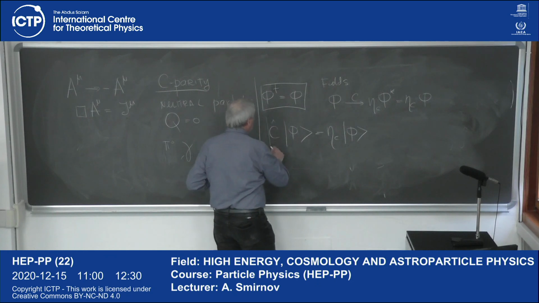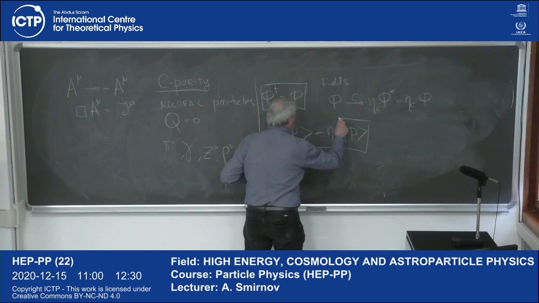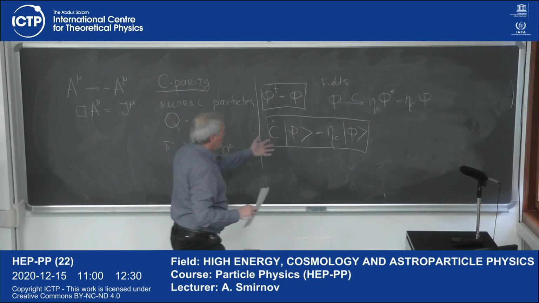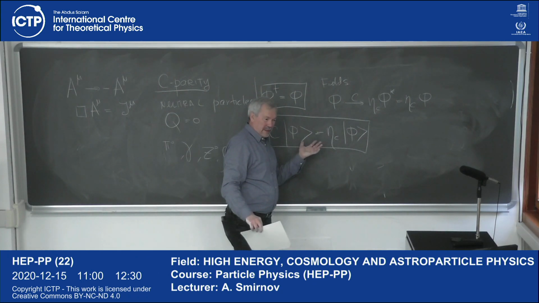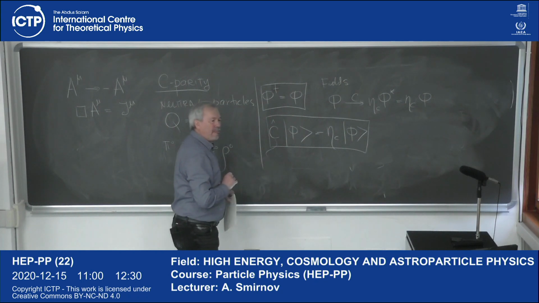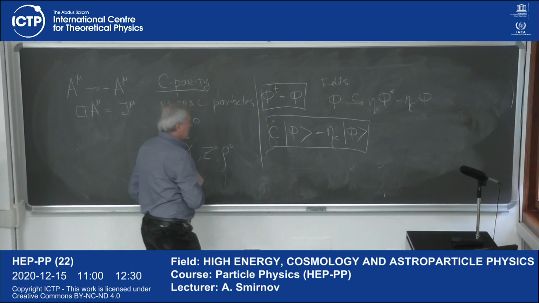Right, so this is at the quantum level. And the story is the same as before. Now, for a truly neutral particle, this transformation law looks like an equation for eigenstates and eigenvalues of the C operator.